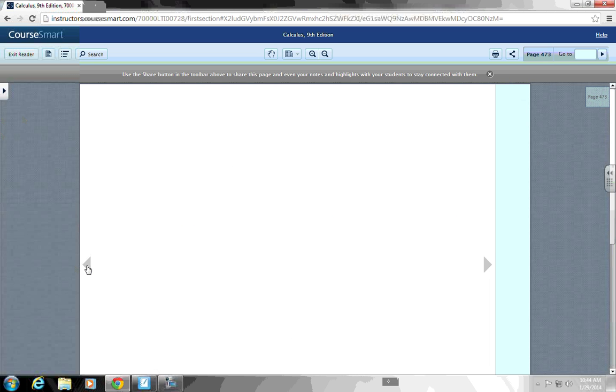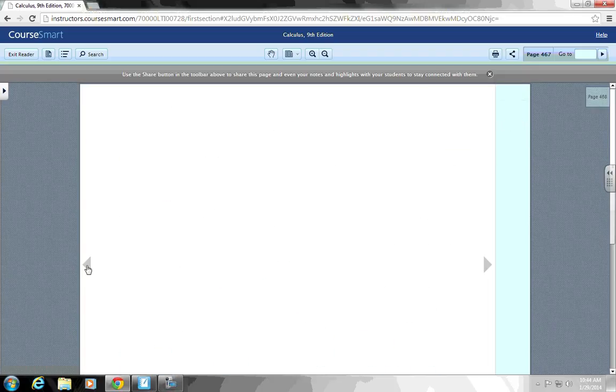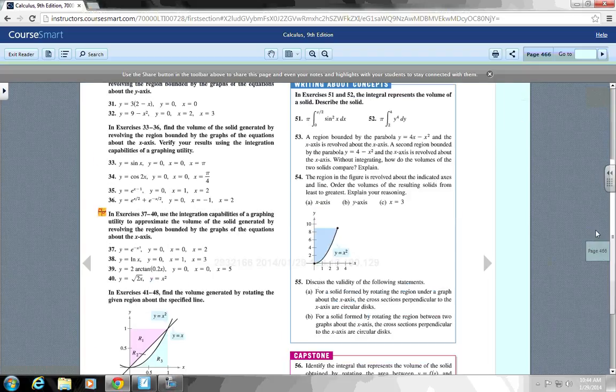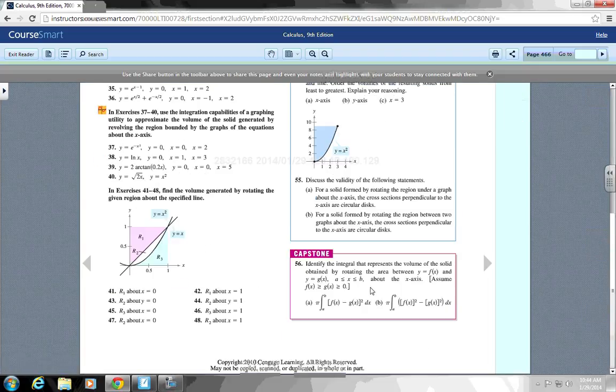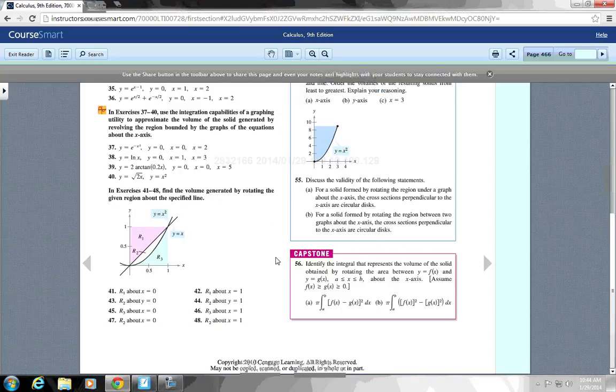56 from 7-2. This one? Oh, that looks interesting.